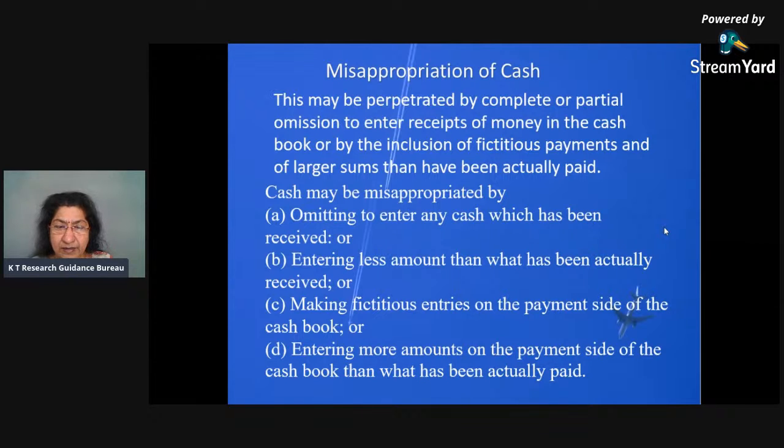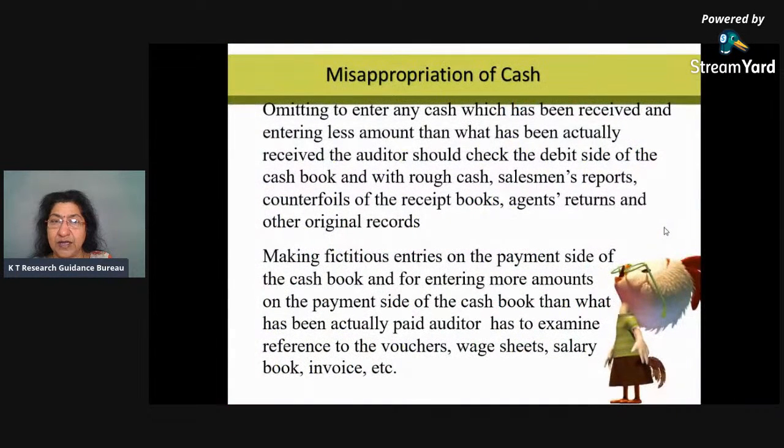And entering more amounts on the payment side of the cash book than what has been actually paid. So these are some of the examples, and this way you can misappropriate cash, and chances of this are more. So omitting to enter any cash which has been received and entering less amount than what has been actually received.